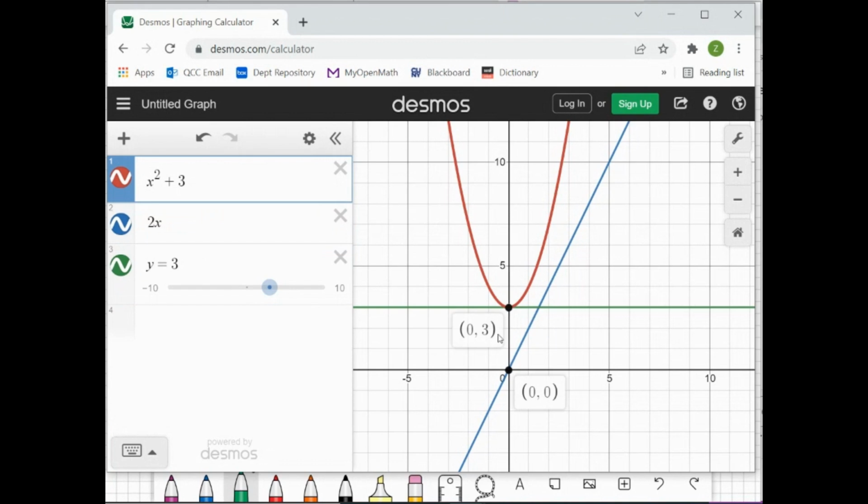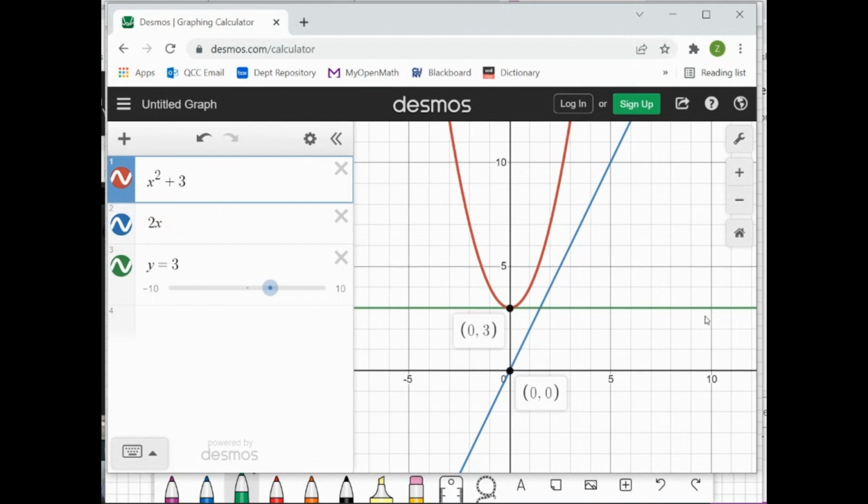So if you draw the green line, that is the tangent to our function, the red curve, at the 0 point. Okay, so here the rate of change is 0.